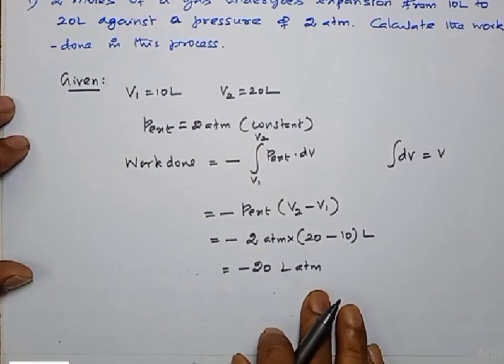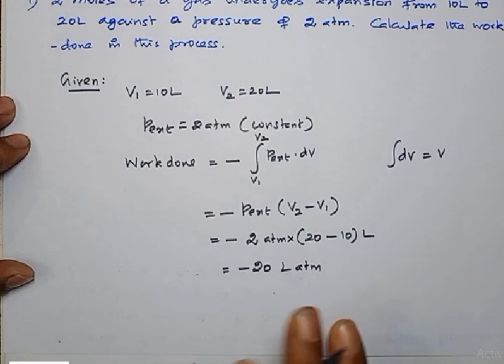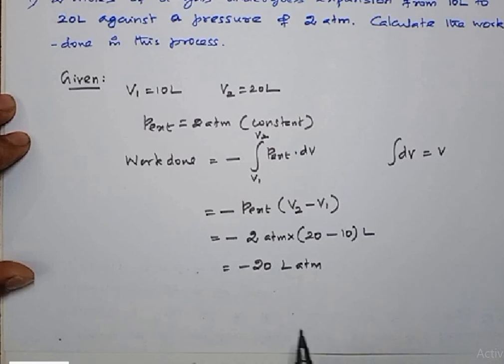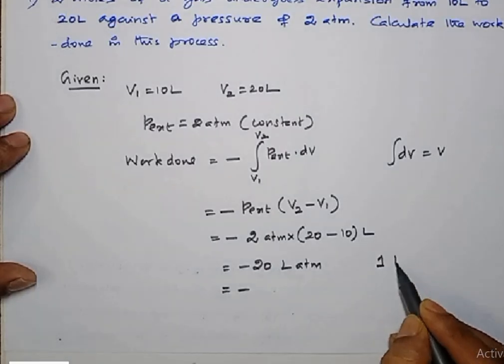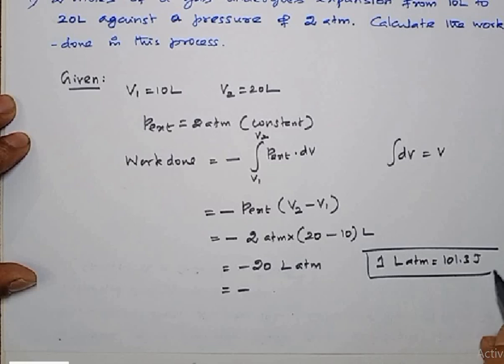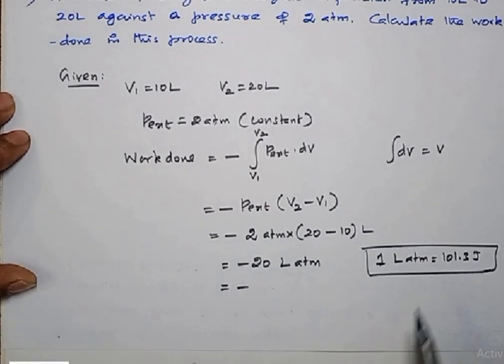This is the work done, but the general unit for work done is actually joule. So you should convert liter atmosphere into joule. How to do that? You remember this: 1 liter atmosphere equals 101.3 joules. Remember, this is a very useful conversion quantity.